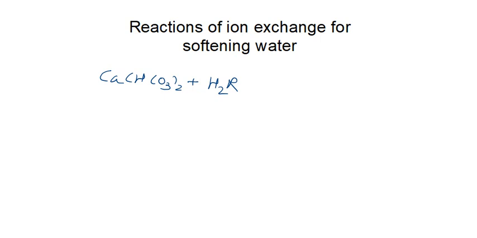This is the cation exchange resin. You have seen the sulfonic acid group or COOH, so to write it in general, I have written it as H2R. This gives CaR plus twice H2O and twice CO2.